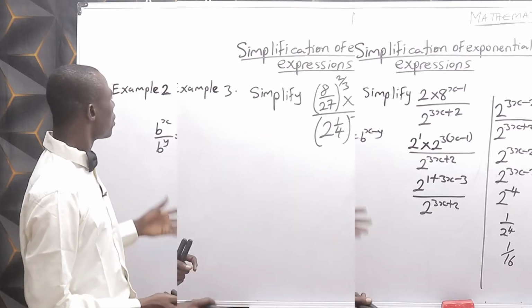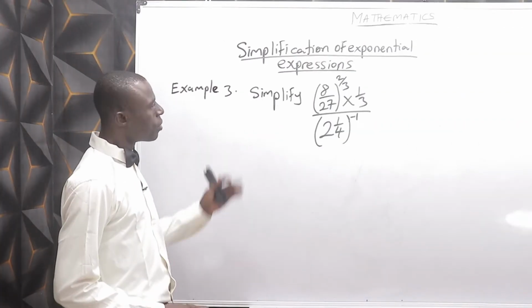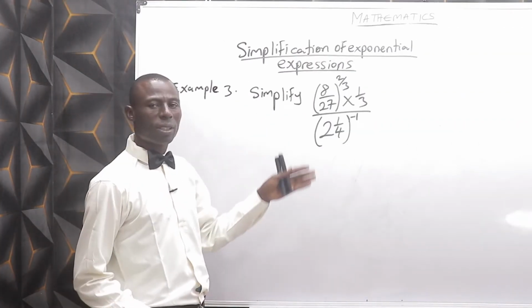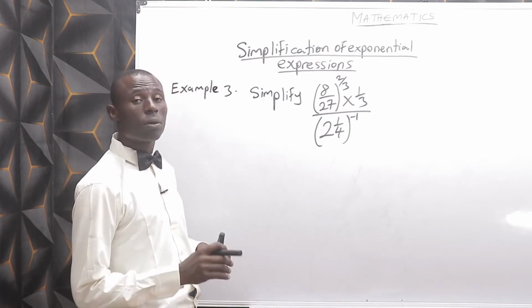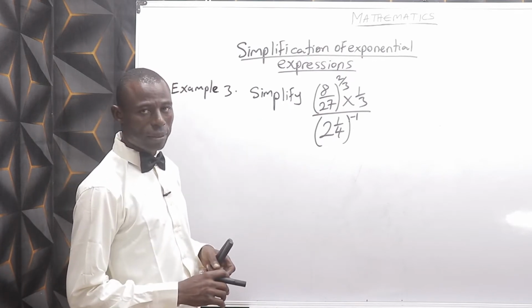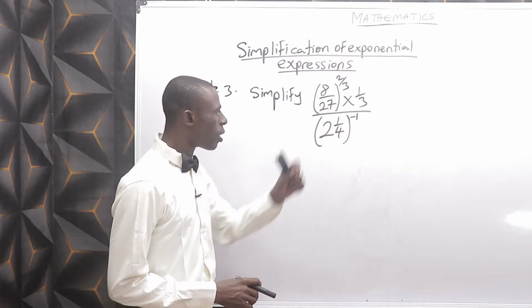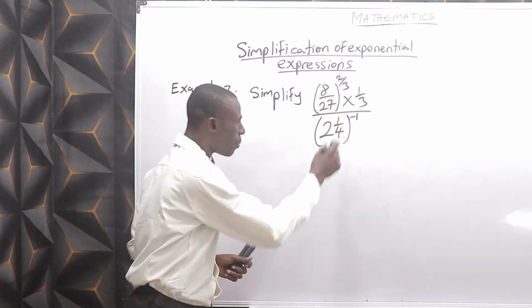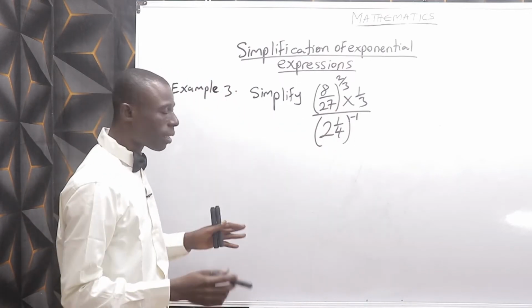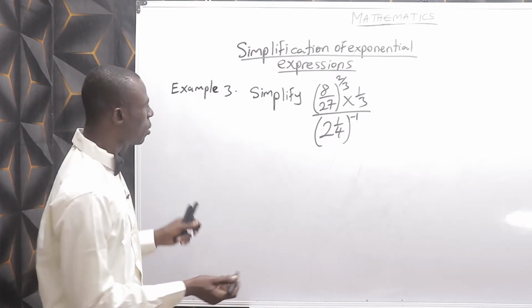That is it. Example 3. Simplify 8 over 27 in bracket raised to power 2 over 3 times 1 over 3 divided by 2 whole number 1 over 4 in bracket raised to power minus 1.